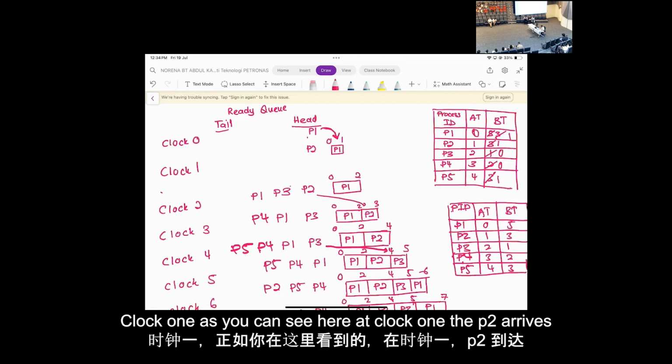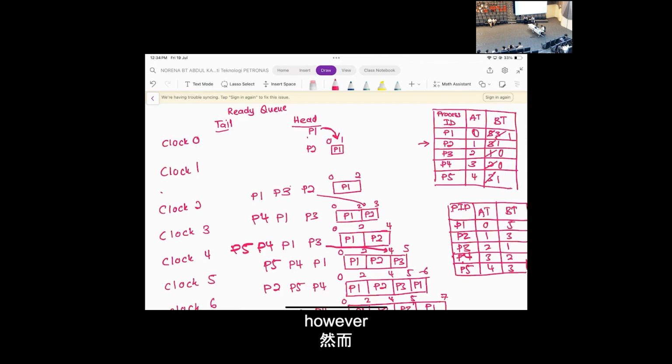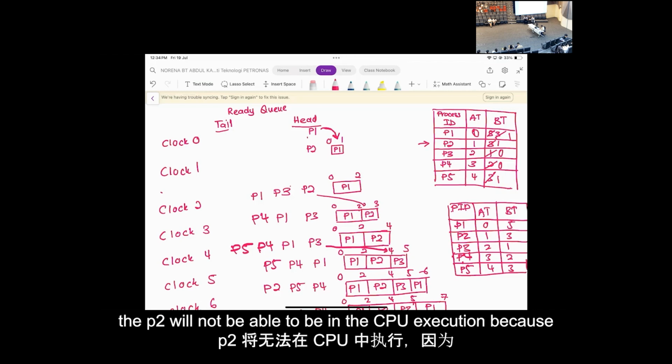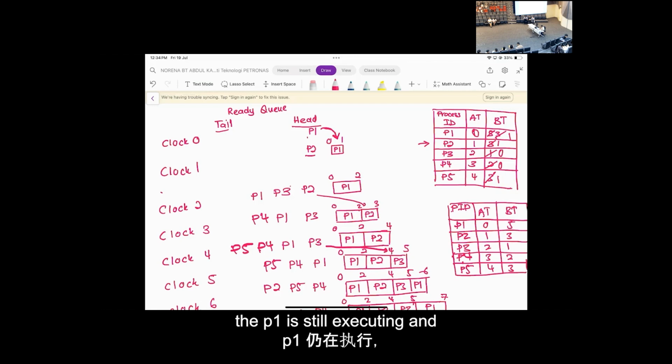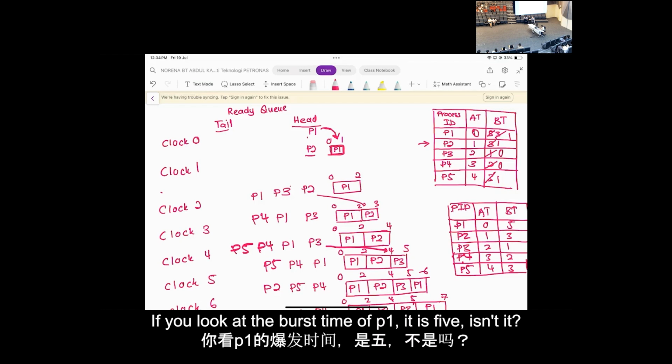And at clock 1, as you can see here, P2 arrives. However, P2 will not be able to go into the CPU execution because P1 is still executing. If you look at the burst time of P1, it is 5, isn't it?